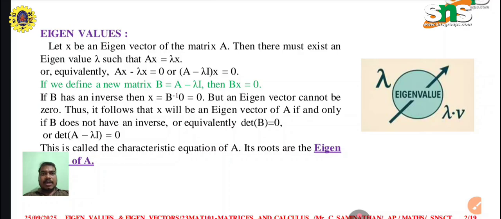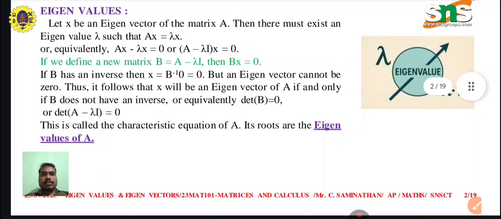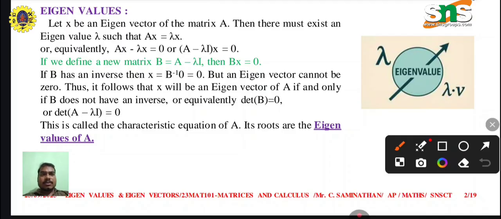Let x be an eigenvector of a matrix A. Then there must exist an eigenvalue lambda such that Ax equal to lambda x. Or equivalently, we say Ax minus lambda x equal to 0, which means that (A minus lambda I) x equal to 0.